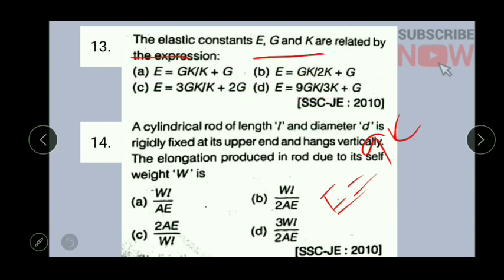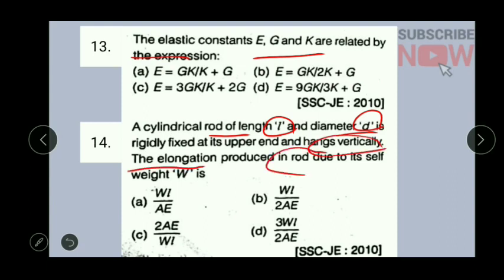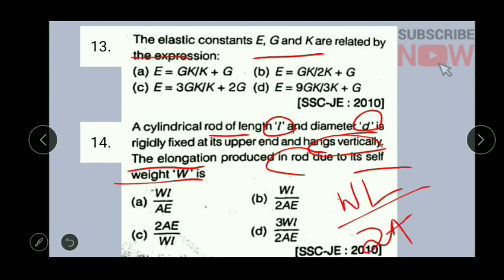Then for question number 14, a cylindrical rod of length L and diameter D is rigidly fixed at its upper end and hangs vertically. What will be the elongation produced in the rod due to its self weight? We know the formula: elongation will be equal to WL by 2AE.